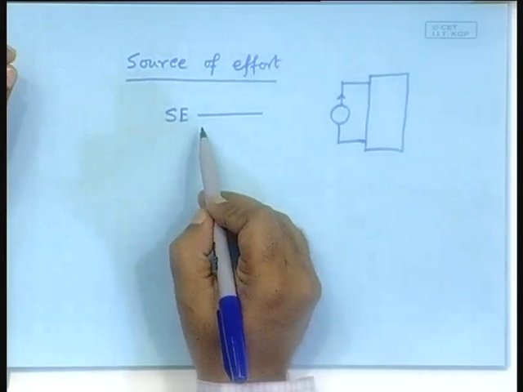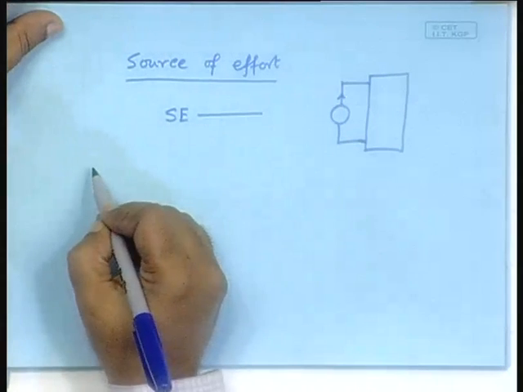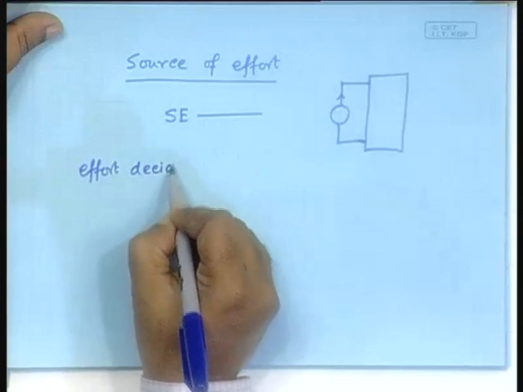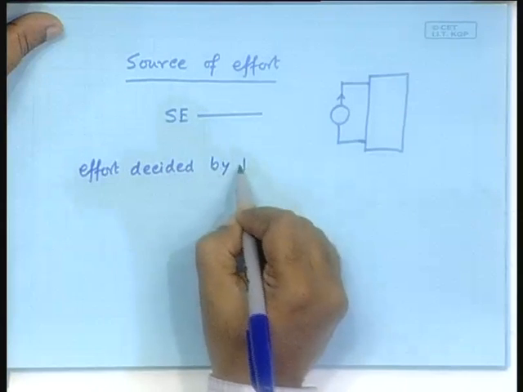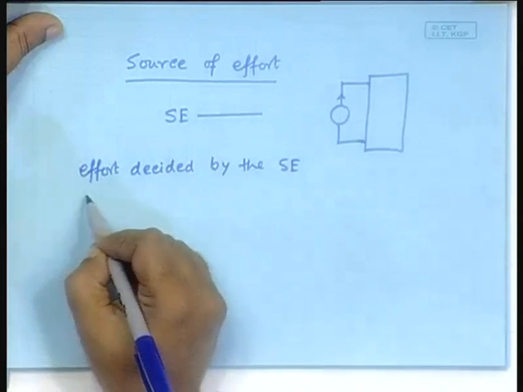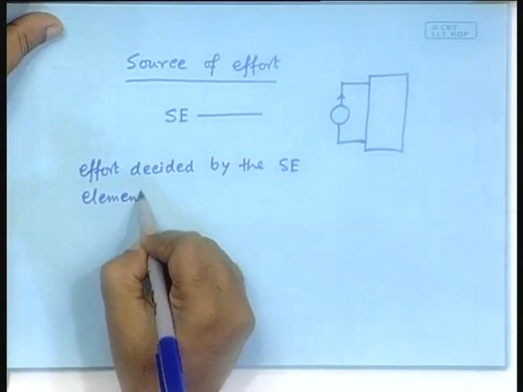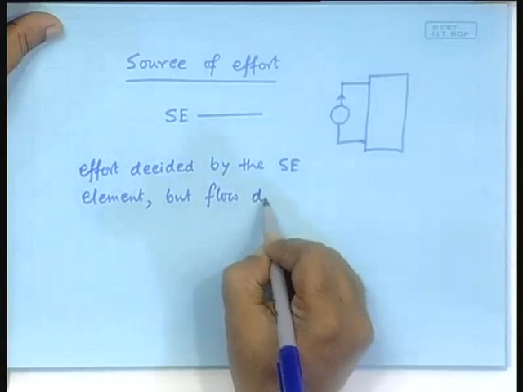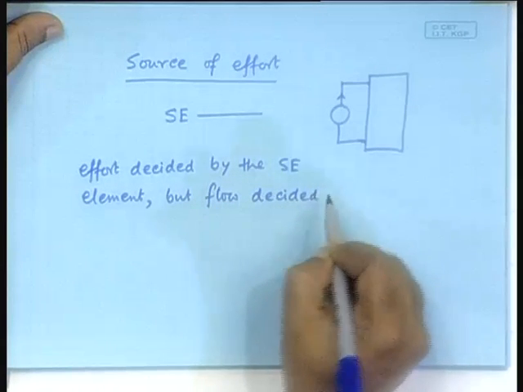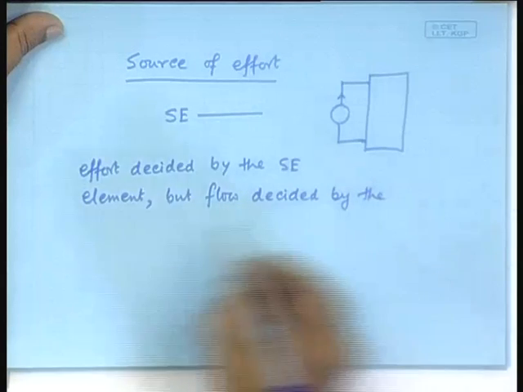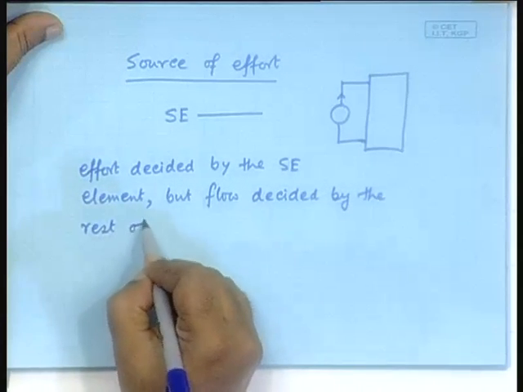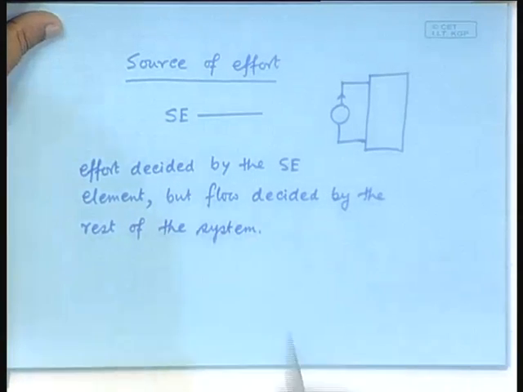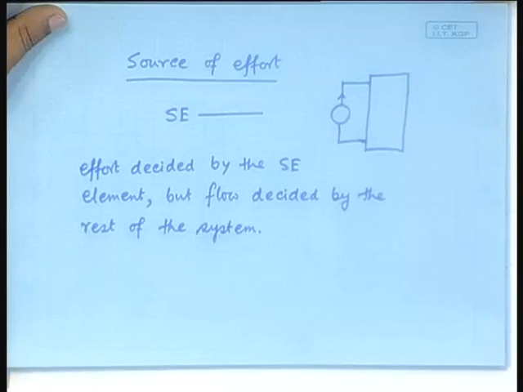So, the character of the SE element is that the effort is decided by the SE element, but the flow is decided by the rest of the system. Clear?